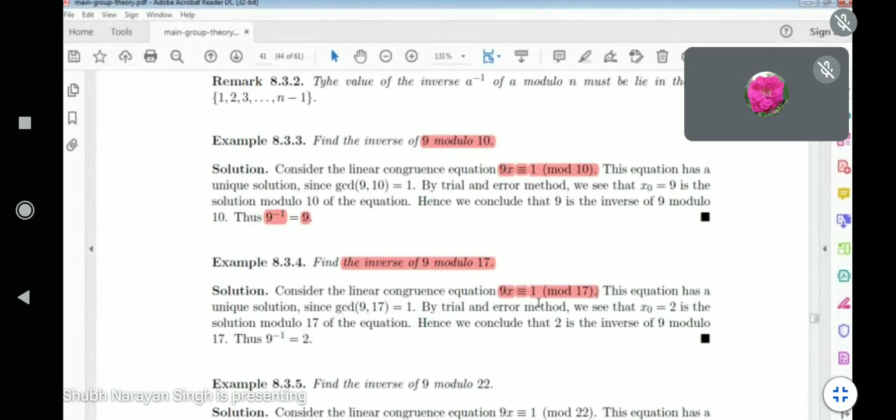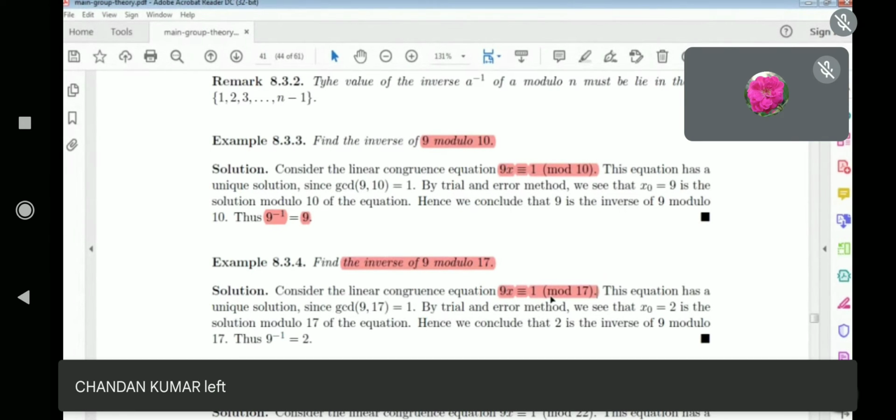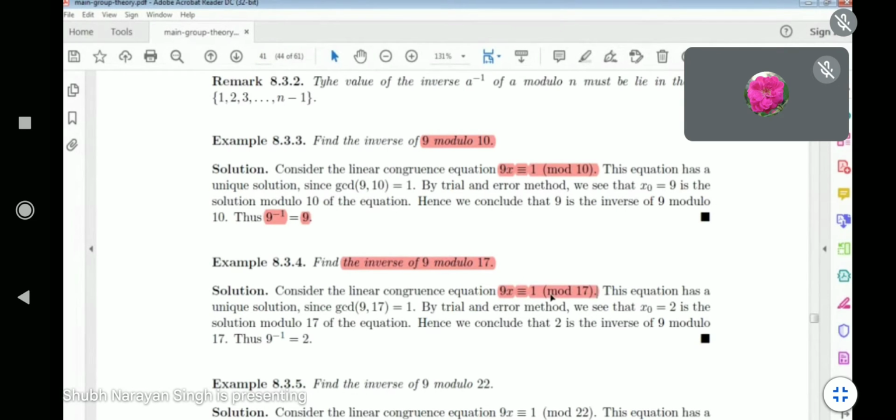If you take the GCD of a and n, that means GCD of 9 and 17, that GCD is 1, and 1 is going to divide 1. That means this equation has a unique solution in modulo 17 system, and that solution we call the inverse of 9 modulo 17, written as 9 inverse.